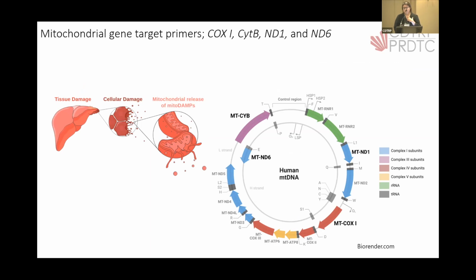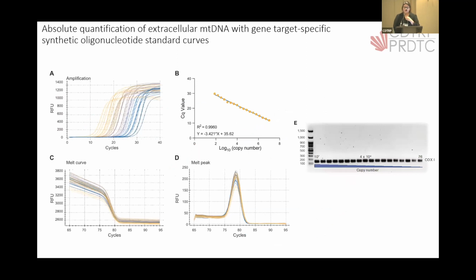So we chose 4 mitochondrial genes, 4 because scientists love redundancy, but it could work with just one. These are all coded for in the mitochondrial genome, and they're all members of the electron transport chain. What we chose to do is to order synthetic oligonucleotides of the target amplicon.